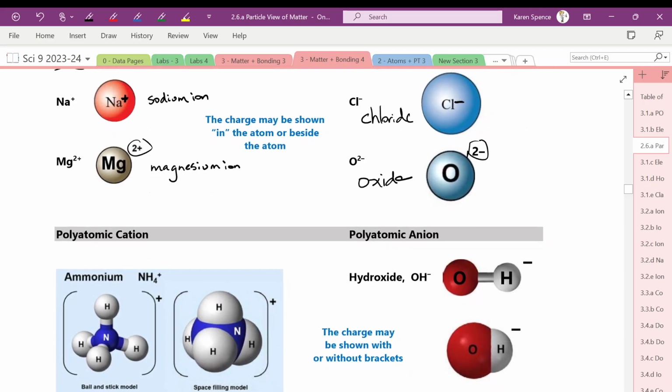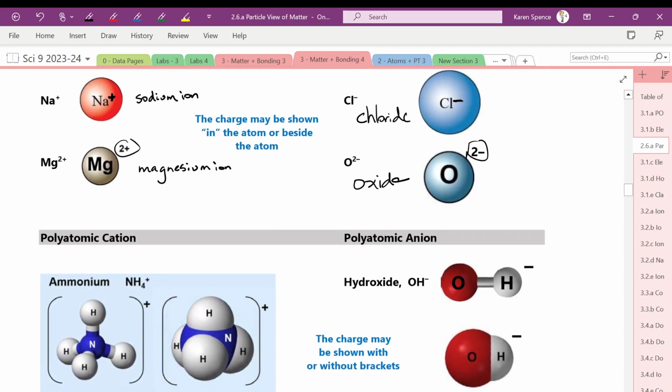Here are some polyatomic ions. How can you tell that they are polyatomic? What does poly mean? Poly means many or more than one. Polyatomic ions, what do they kind of look like?